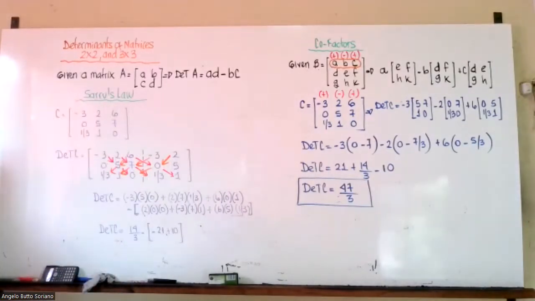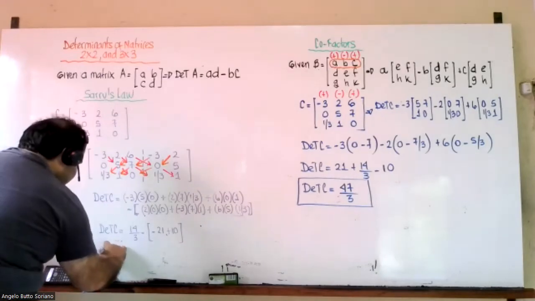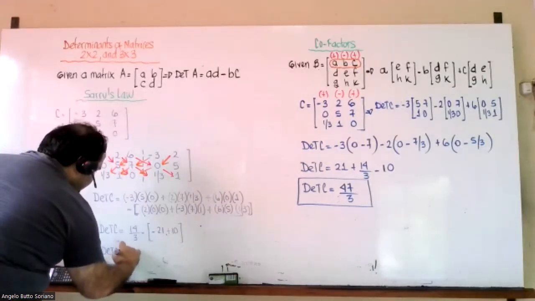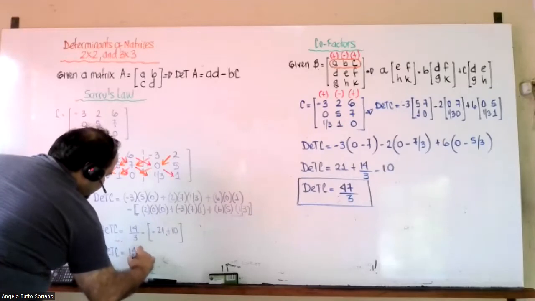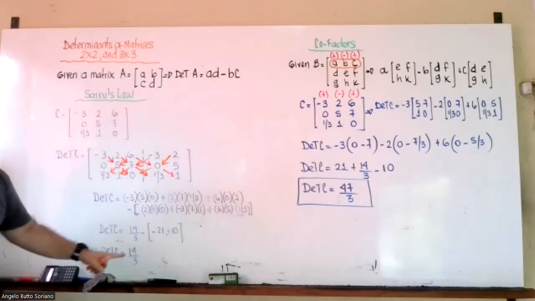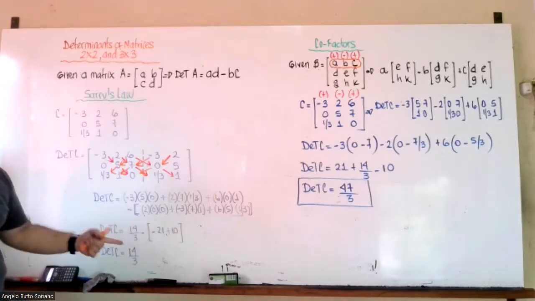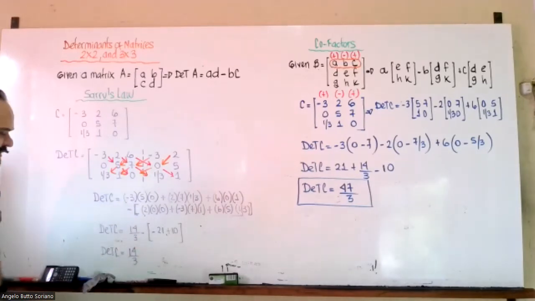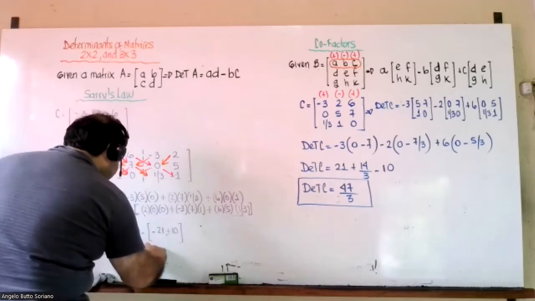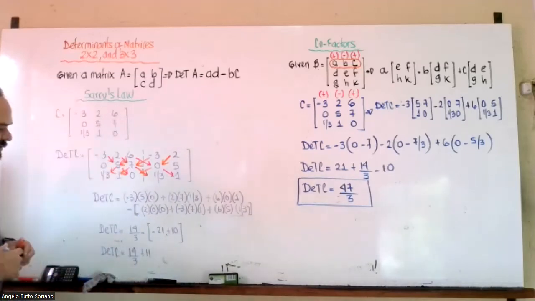Okay? As you can see, determinant C will be equal to 14/3, and negative 21 plus 10 will be negative 11. And negative times negative will be positive 11. Okay?